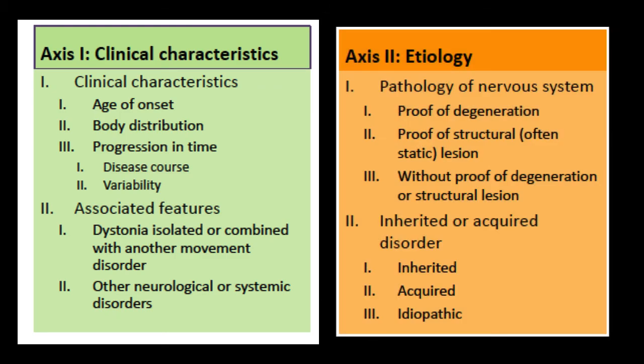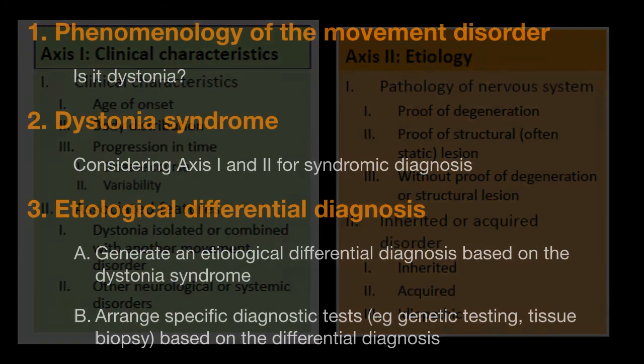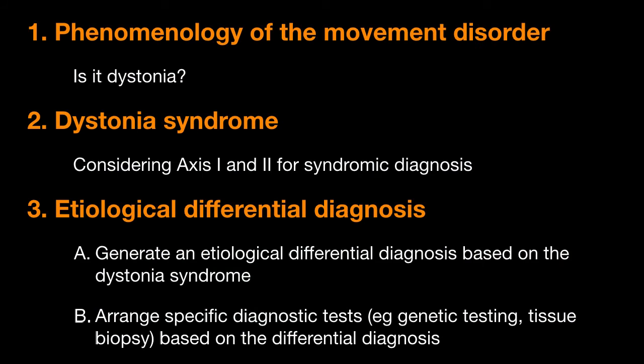Well, let's go to Axis 2. Dystonia has a diverse differential diagnosis, from sporadic to hereditary. So choosing the right diagnostic tool to prove or disprove the diagnosis is challenging.